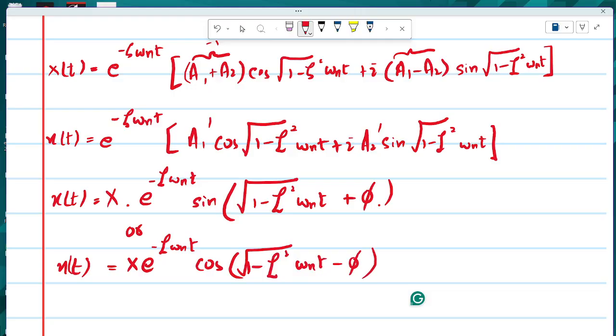They both are the general solution of this system, and we can find x0 and the other constants using the initial conditions.